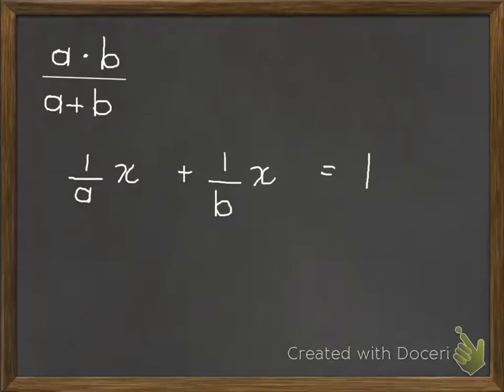Okay, so for number 3, you were asked to show that this simple formula is the same as the formula you used in number 1. This formula, 1 over a times x plus 1 over b times x equals 1, makes sense.